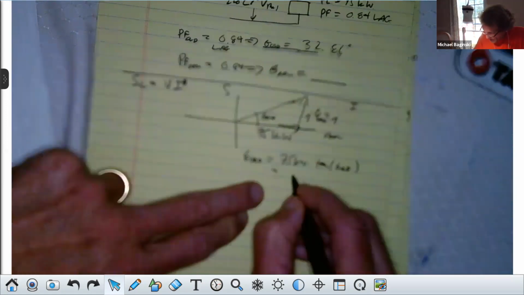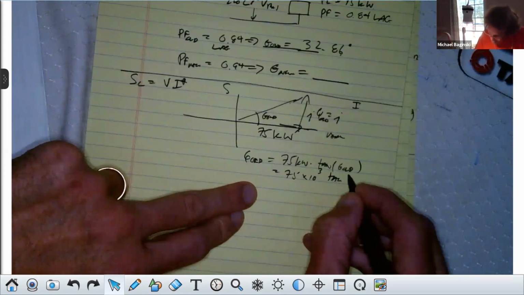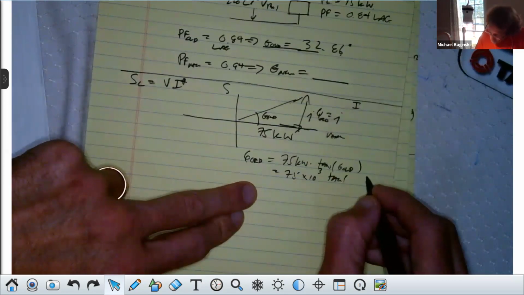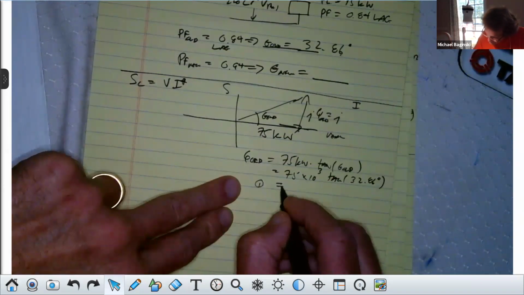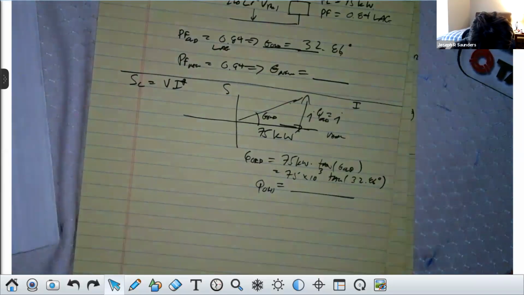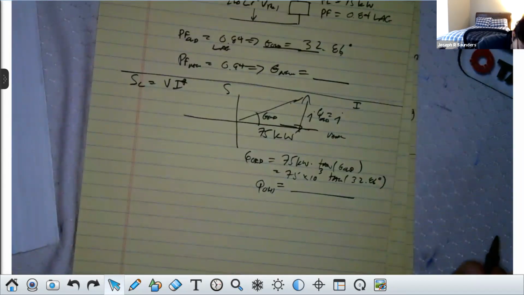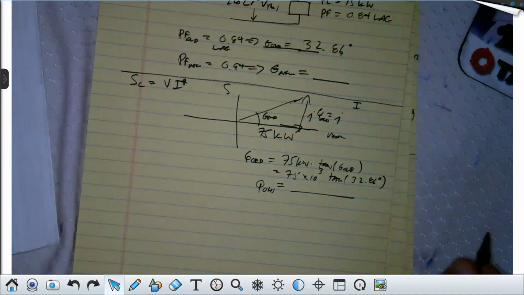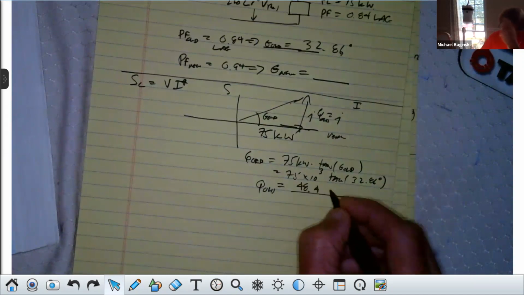That would be 75 times 10 to the third times the tangent of 32.86 degrees. Do y'all agree with that, class? So what is Q old? Just give me the magnitude. We've got a value of 48.45, 48.45 kVAR actually, right?